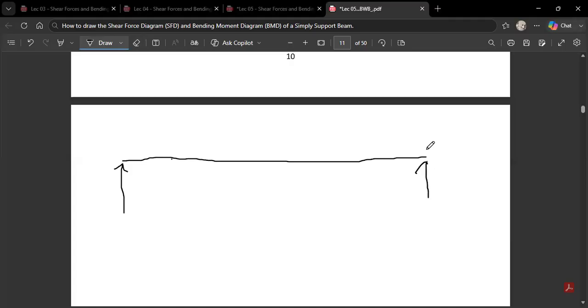So over here we have P, and over here is A. Remember we have two loads acting on the beam. It was a simply supported beam. This was 20 kilonewton, and this was also 20 kilonewton.